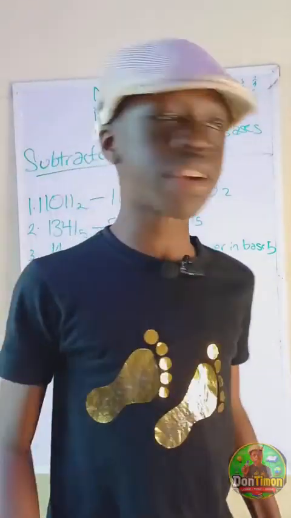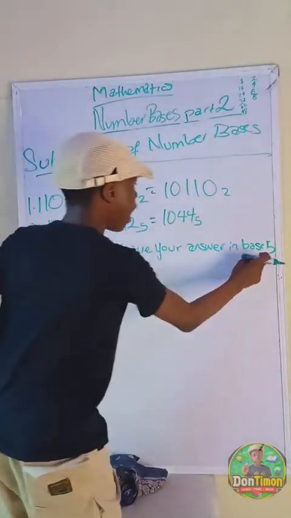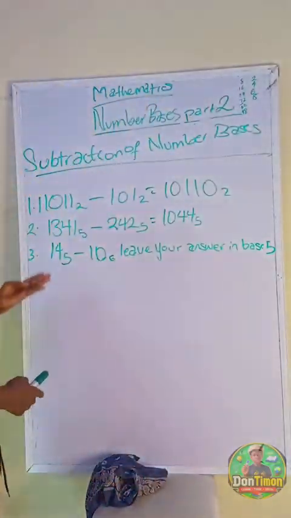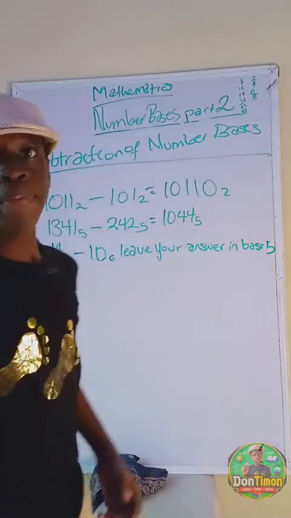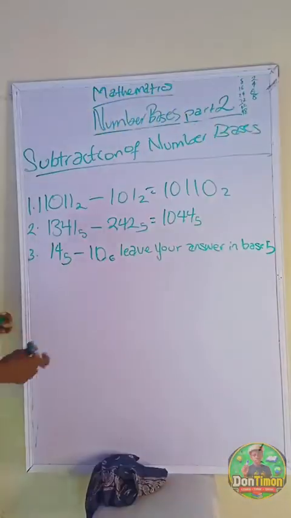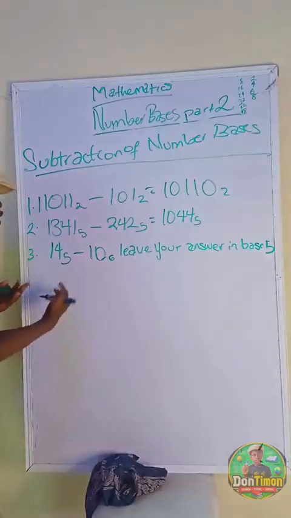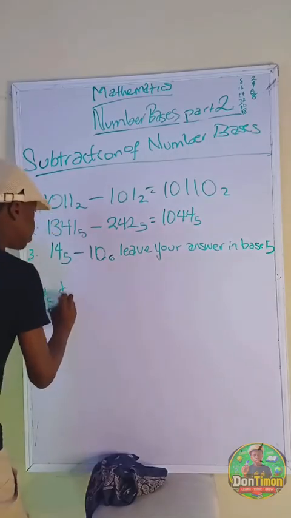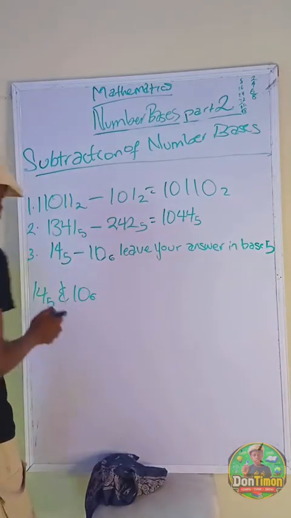So how do we solve this one? First of all, since we must leave the answer in base 5, what do we do here? We turn both of these to base 10. We write what we are going to turn to base 10, which is 14 base 5 and 10 base 6.